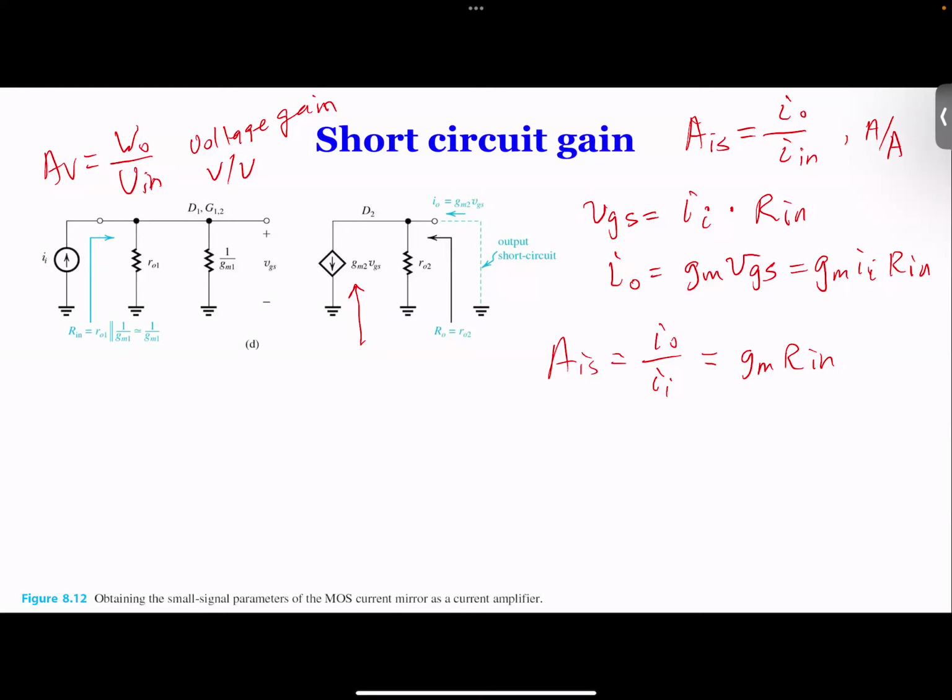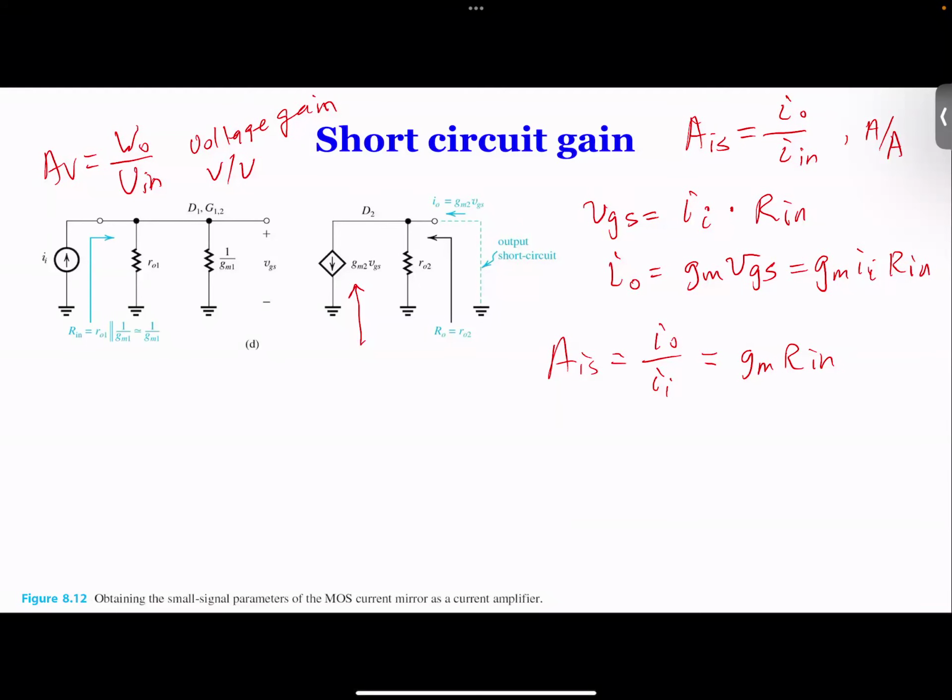So this will tell you that if your input has a disturbance, like 1 milliamp, for example, and 1 milliamp may be too big. Let's say 10 microamps, and if your output is going to be say 100 microamps, 10 times, you have trouble because you amplify too much, right? So that's why we need to look at here to make sure that this number is small.